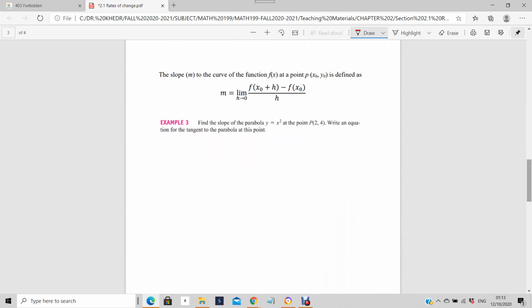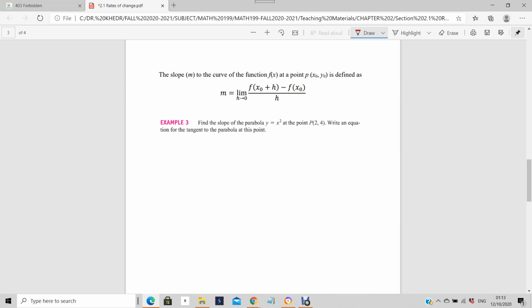So here we have this definition. The slope m of the curve of the function f of x at a point P with coordinates x0, y0 is defined as m, this is the slope, which is the limit of the slope of the secant line as h goes to 0.